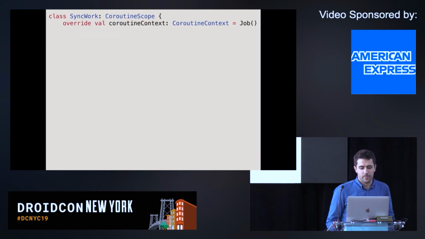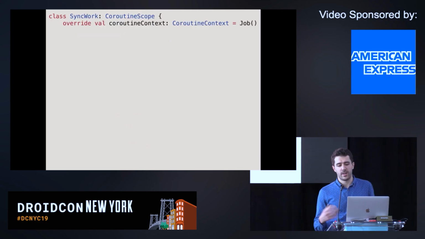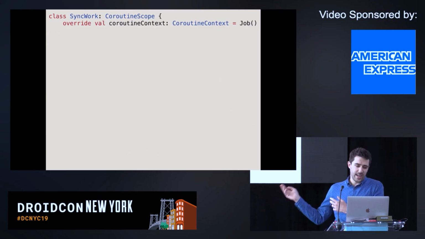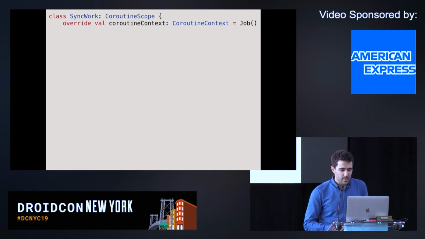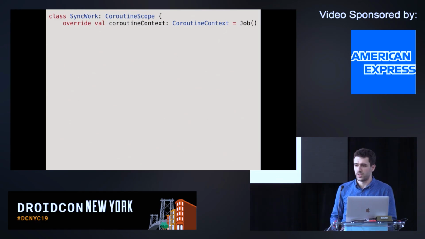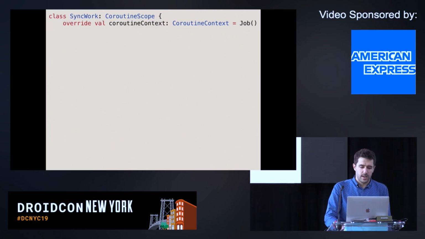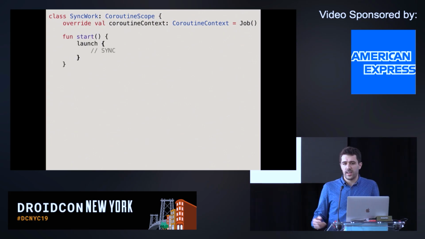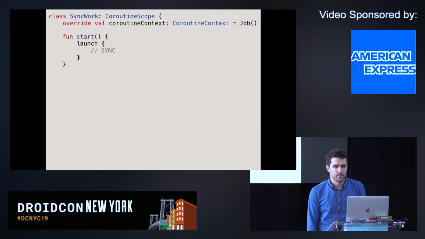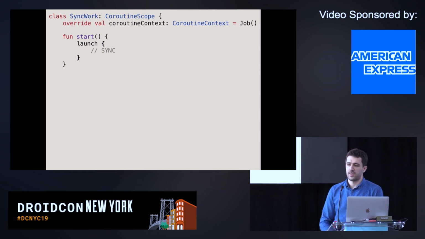What that means is, if we wanted to make a sync worker class, we could write something like this. Here we have this SyncWorker class. It implements CoroutineScope. We'll define our coroutine context, which is just a plain Job. Since I didn't specify a dispatcher, it'll use the default dispatcher. What this means is that if I want to start sync, I can write a start method like this, and then call launch to launch our coroutine.